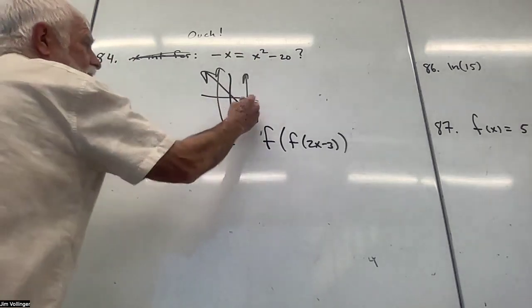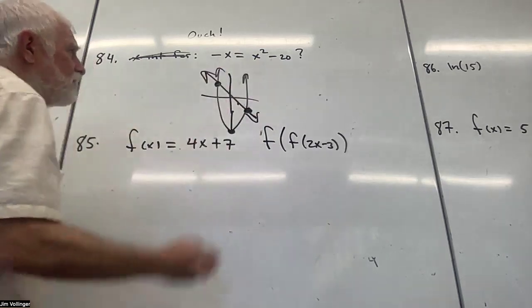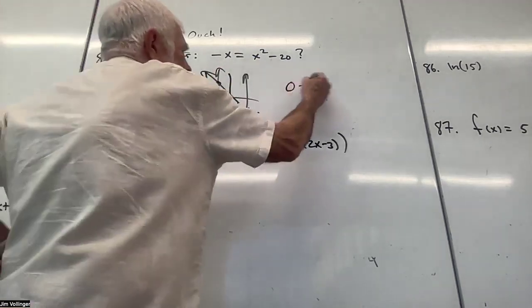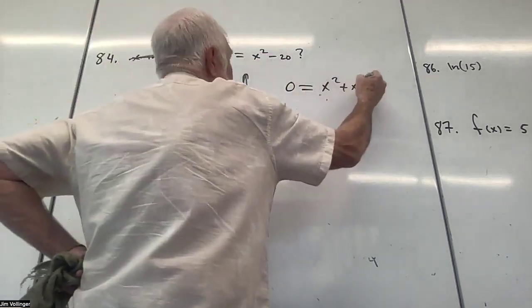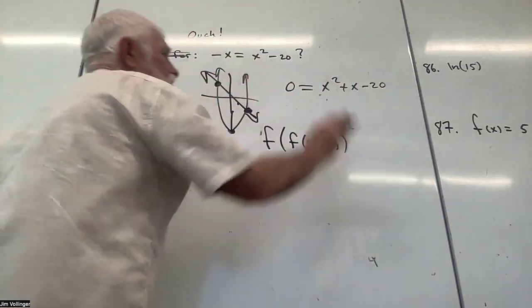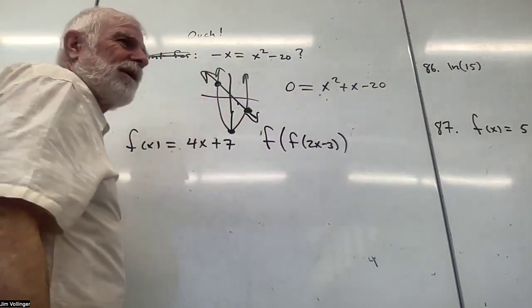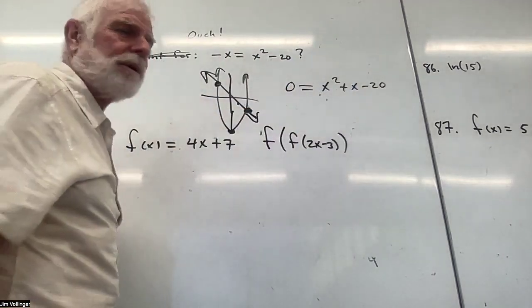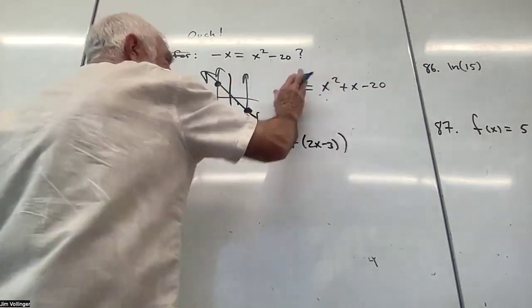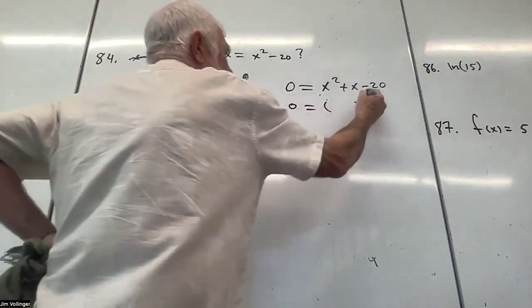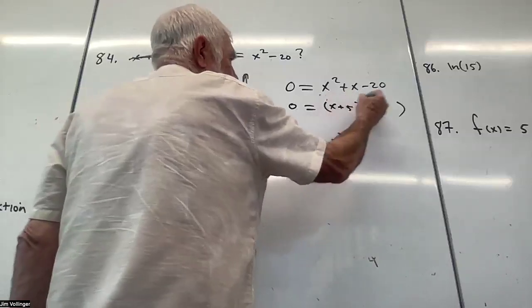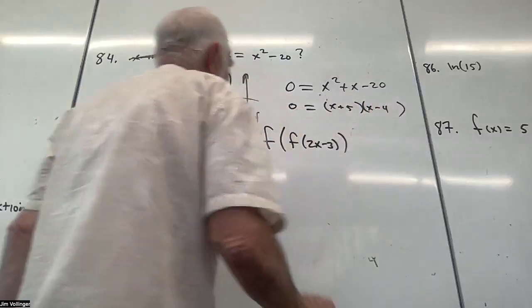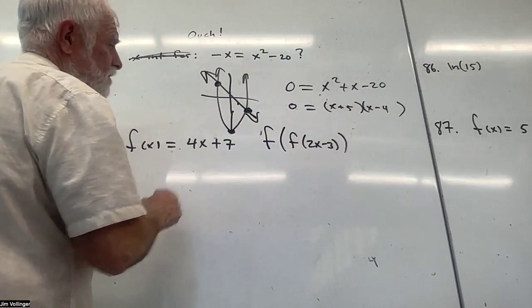So how do I find this value and how do I find that value? The same way we did before. We set it to 0. So x squared plus x minus 20. You ought to get in the habit of setting your quadratics to 0. Sometimes you don't have to, right? But a lot of times setting it to 0 and factoring is the easiest way to get a solution. And I think we can see pretty quickly that we have solutions at, let's see, this one is here.